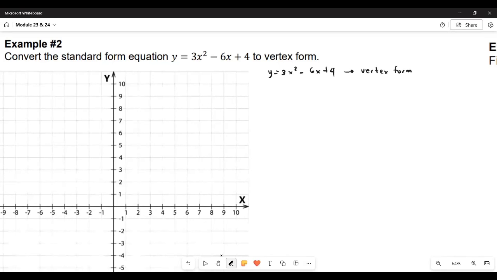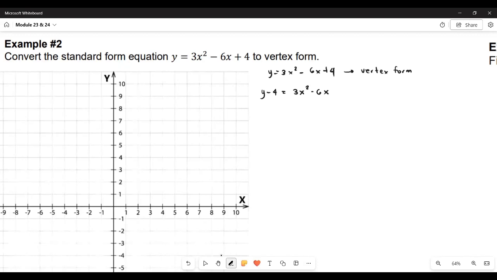So, kanina sa circle, meron tayong ginawa na completing the square. Okay? So, pwede rin natin siyang ulitin dito sa parabola. Unahin natin, lipat natin sa kabila ang 4: y minus 4 is equal to, kopyahin natin yung natira sa right side of the equation.